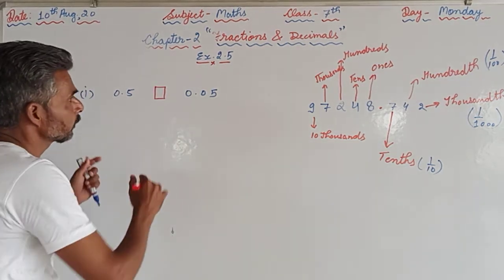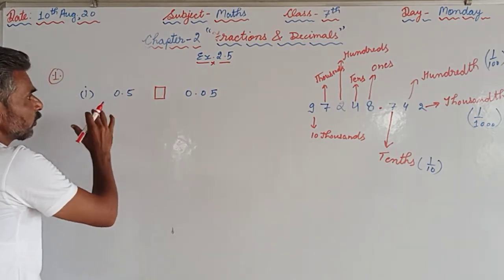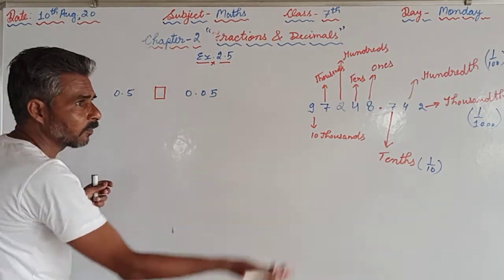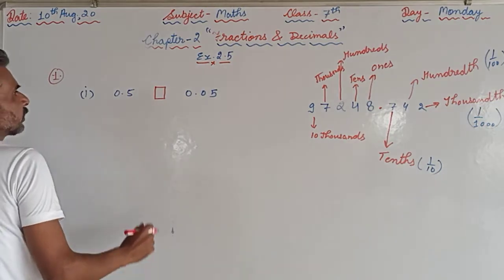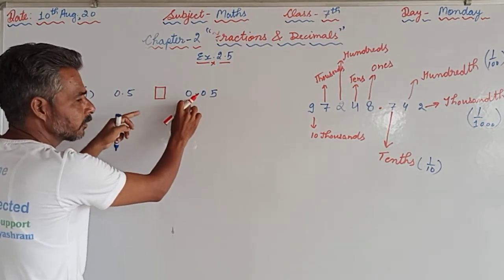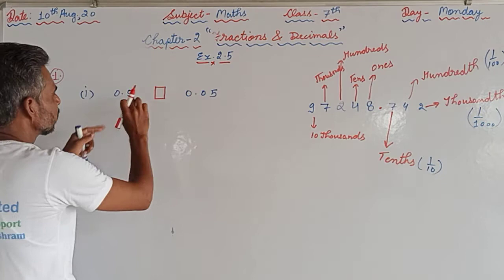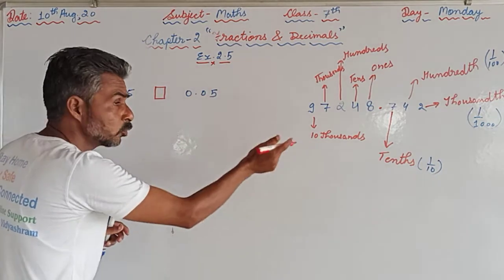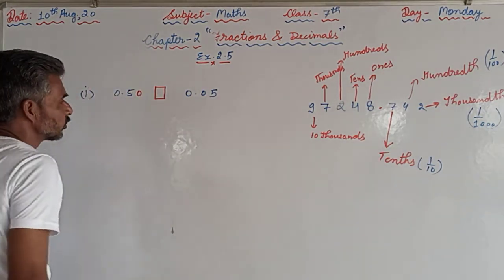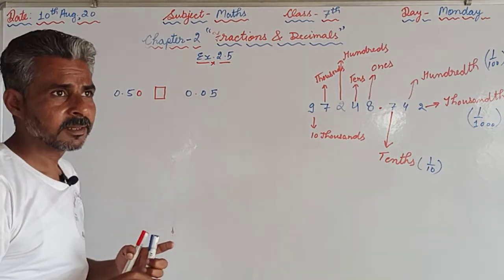Like decimals means the number of digits after the decimal or before the decimal should be the same. Before the decimal one digit is here, one digit is here. After the decimal one digit is here, 2 are there, so we will place a 0 here. Now these are like fractions.